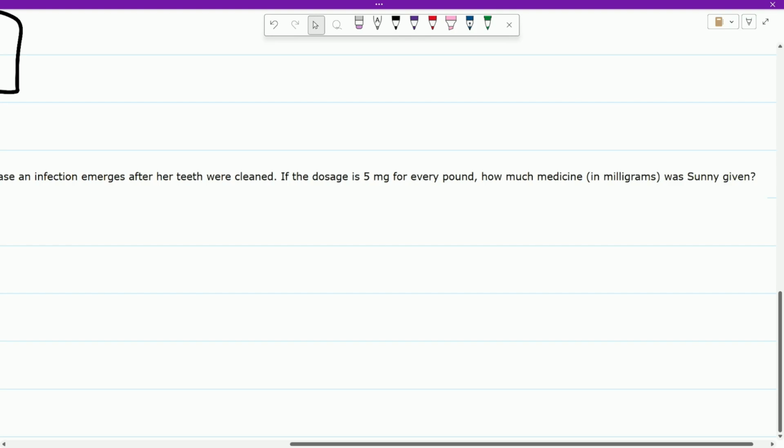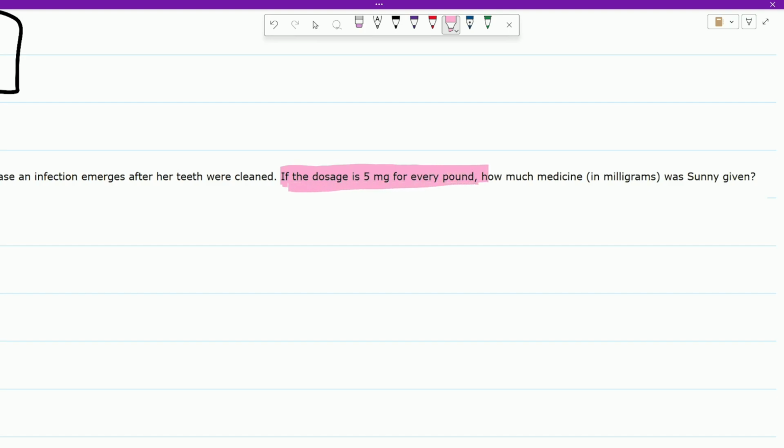So once again, we have a rational expression, and in this case, it's going to be another proportion. And the key to this problem is right here. Because we know that it's 5 milligrams for every 1 pound. So that's a ratio right there.